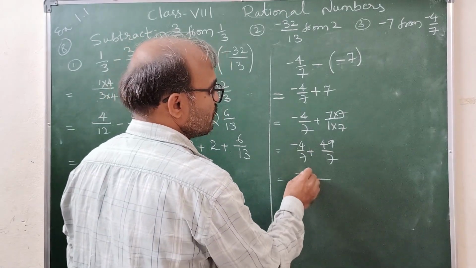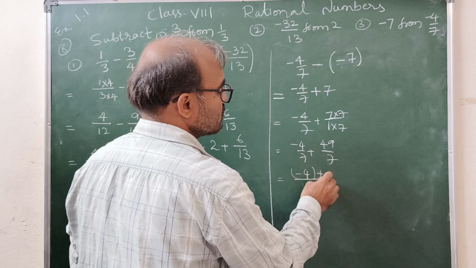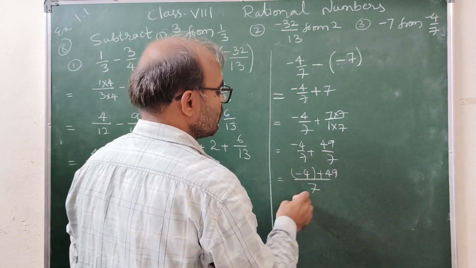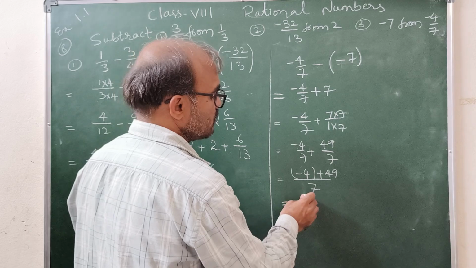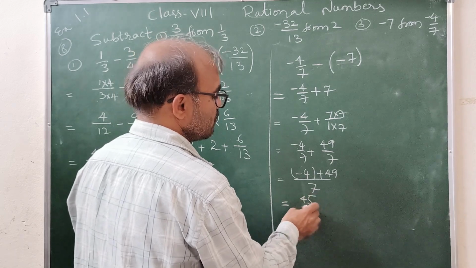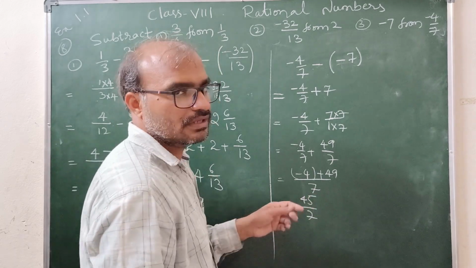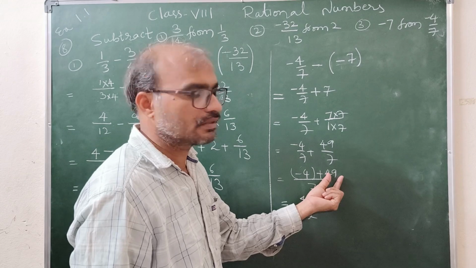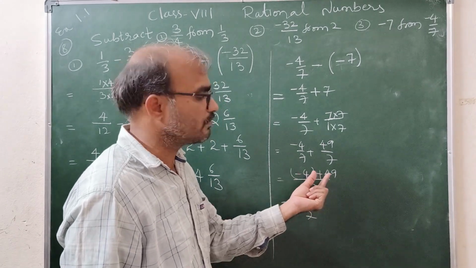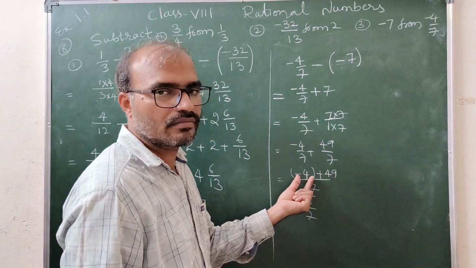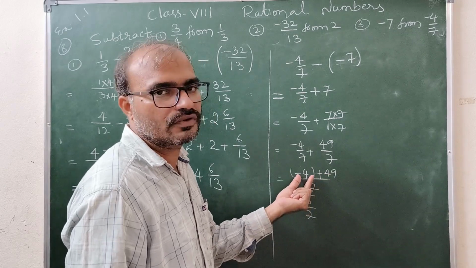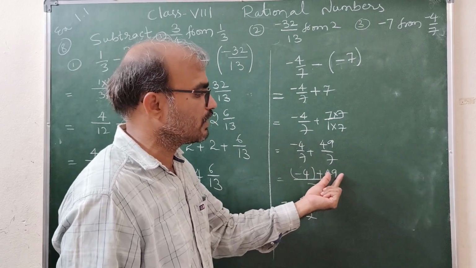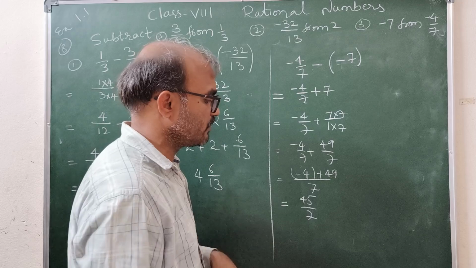Now minus 4 plus 49, how much will it be? Minus 4 plus 49 is 45 by 7. We discussed already: you have 49 rupees and a borrow of 4 rupees. From the 49 rupees, you can clear the borrow of 4 rupees. So you will remain with 45 rupees. That is plus 45 by 7.